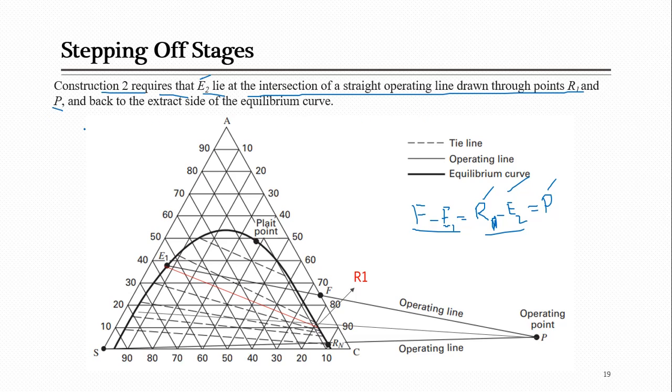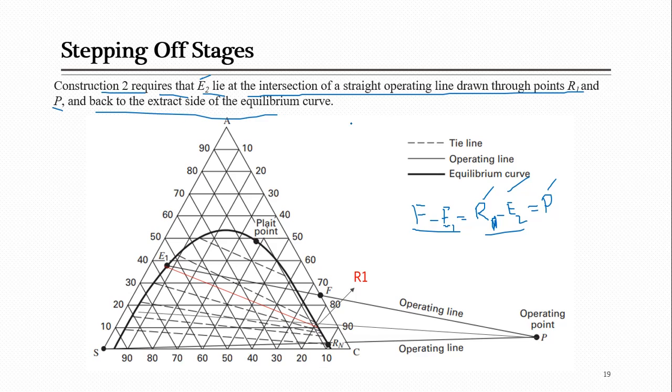If I just draw the line passing through P and R1, because these are two points, we can draw a straight line through them, and that will intersect our equilibrium curve, or binodal curve, which I told you is also called the miscibility curve.